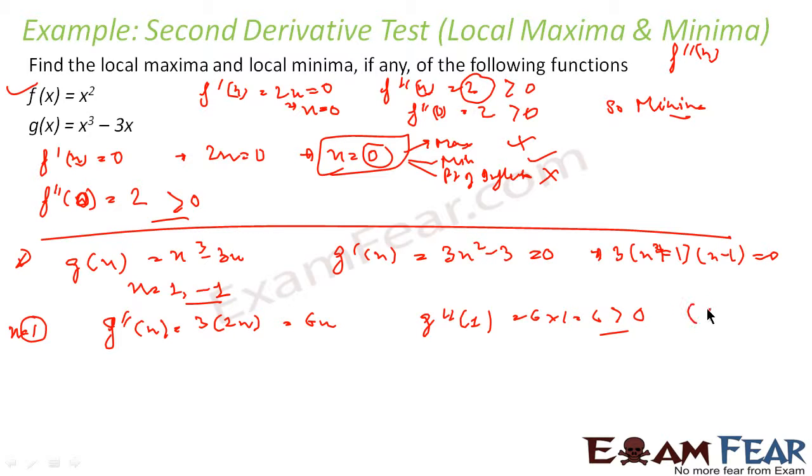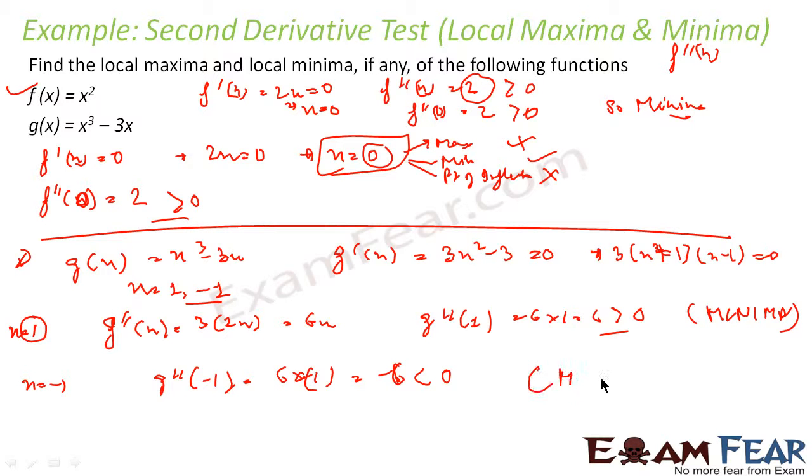Since it is greater than 0, it is a point of minima. Similarly, when x is equal to minus 1, g double dash of minus 1 will be 6 into minus 1, that is minus 6, which is less than 0. Since it is less than 0, x equal to minus 1 is the point of maximum.